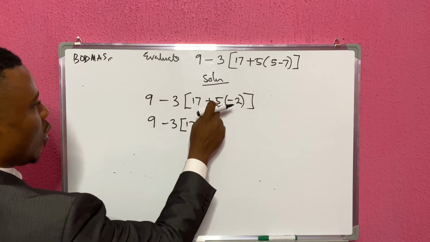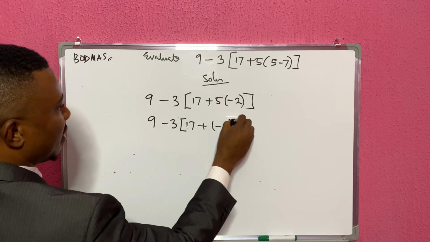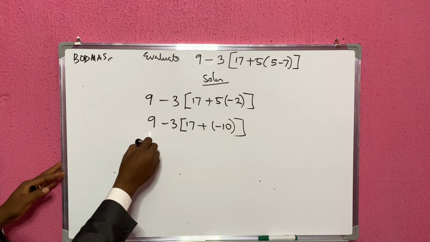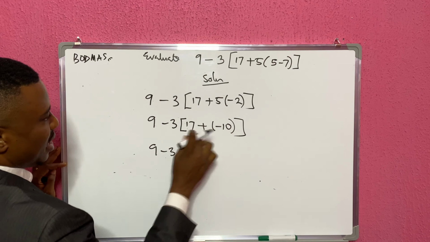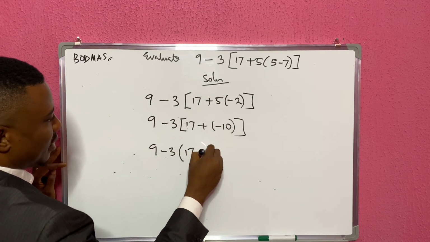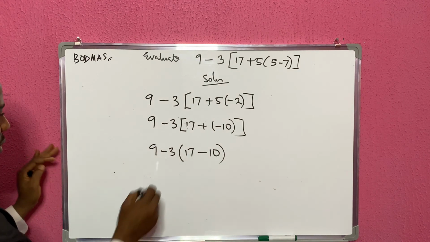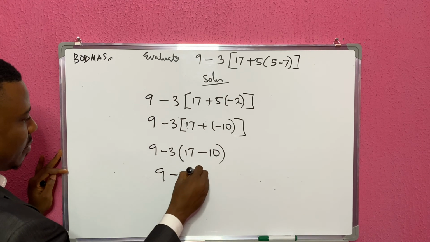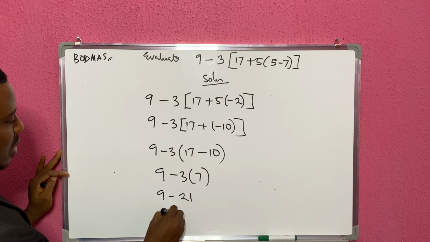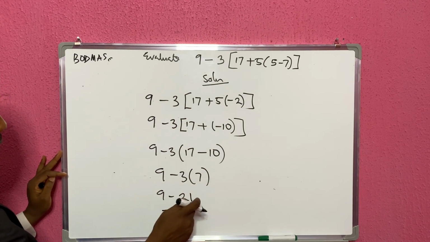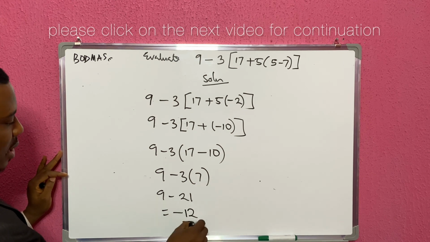Open this bracket, you have minus 10. 9 minus 3, the difference here is 17 minus 10, which is 7. 9 minus 21 gives us minus 12 as our final answer.